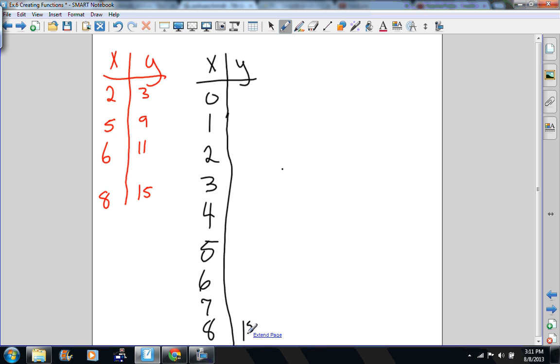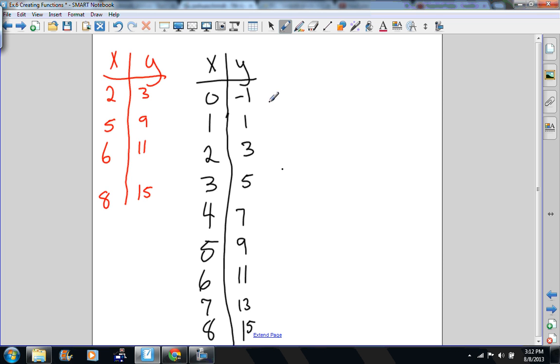Well, this is 15. Our 6, that's 11. Our 5 is 9. And our 2 is 3. Well, it looks like that we go up by 2 each time. So that makes it look good. 7, 5, 1, and this will be -1. And that looks like a pretty clean table.